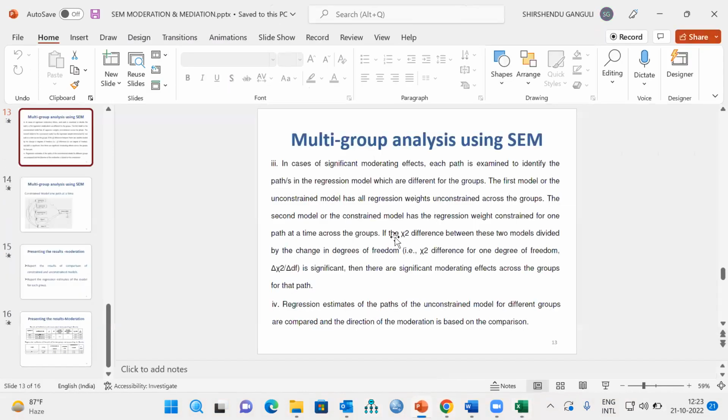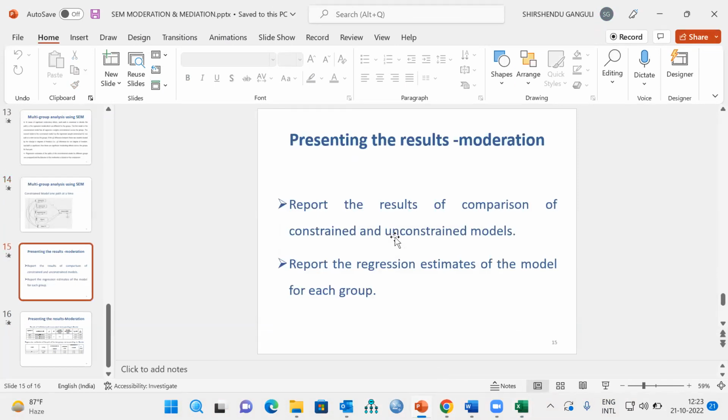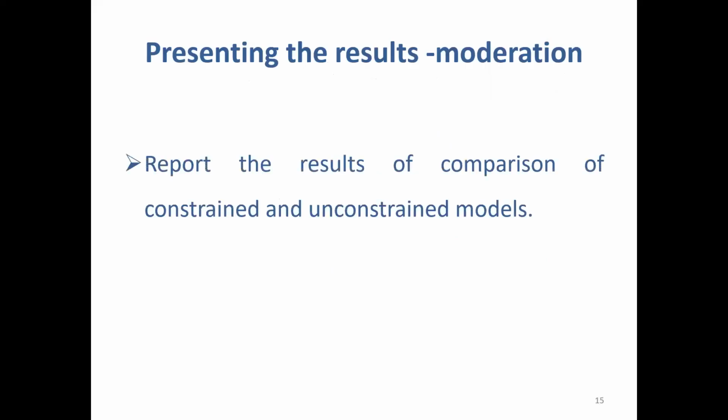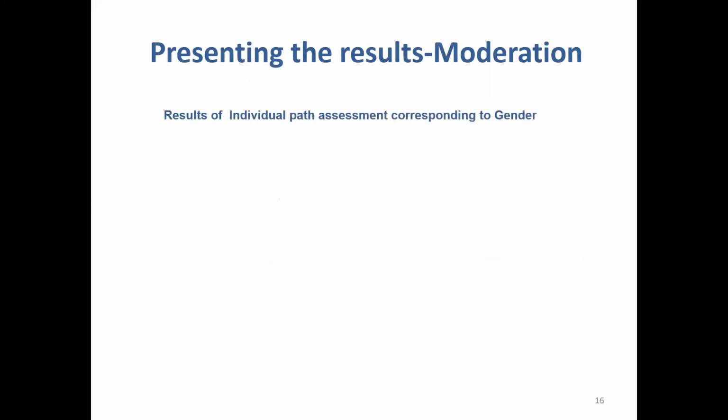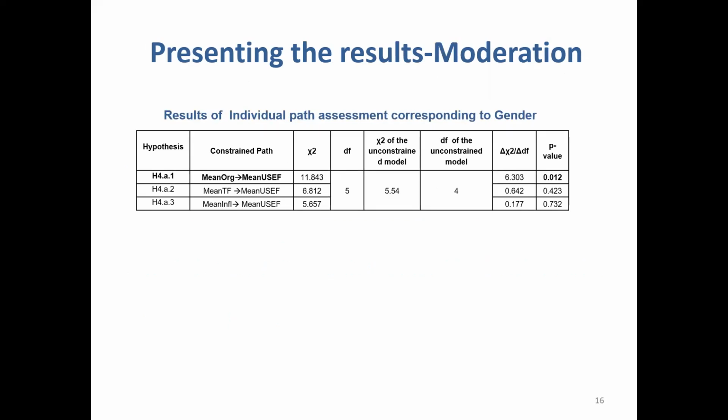So how to report the result? The first part is to report the results of the comparison of the constrained and unconstrained model, and then the regression estimates. I'll come to the second part. The first part that we have discussed is this: we have checked the three paths separately, but out of the three paths, the moderation effect is present only in the path from ORG to usefulness.